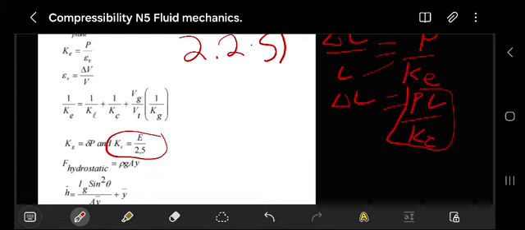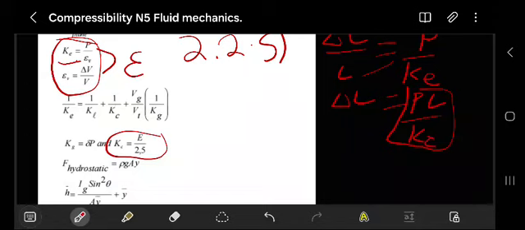Actually, you see, we're checking this from these two formulas. We equate them. We made the subject of the formula EV. If you make the subject of the formula the same throughout, you will see what happens there.